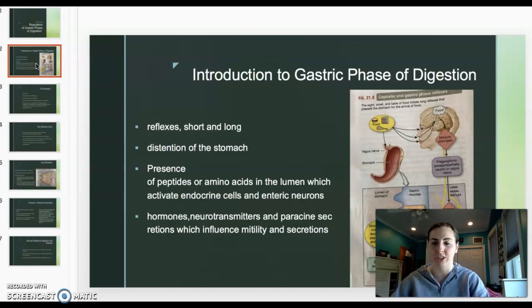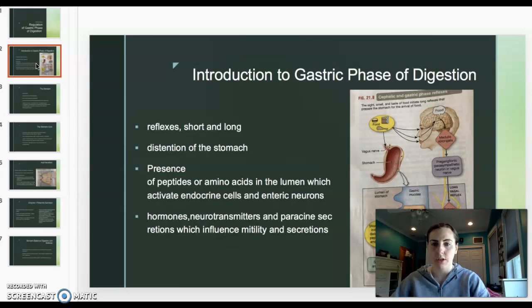And once food actually enters the mouth and the stomach, stimuli in the gastric lumen initiate a series of reflexes. These reflexes can be short and long, and this is known as the gastric phase of digestion.